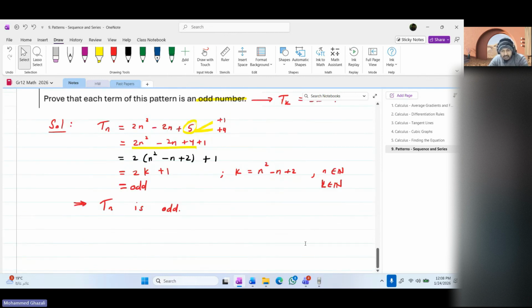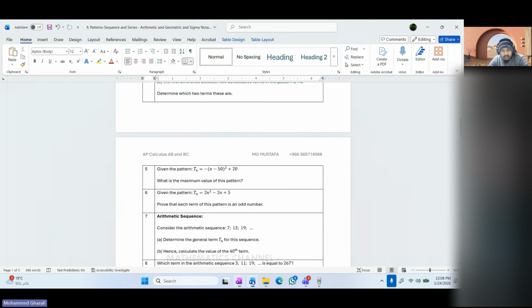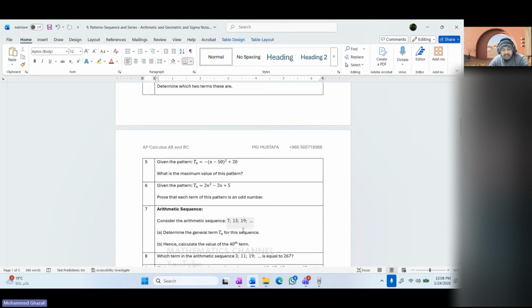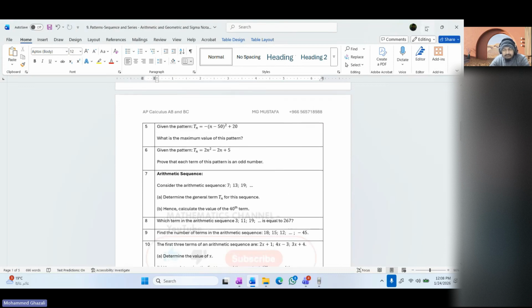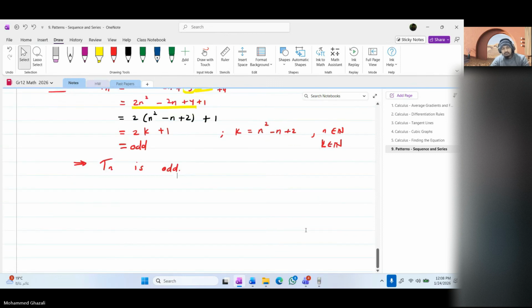Now, the next part that we want to study is: what is an arithmetic sequence? Let's write this down.